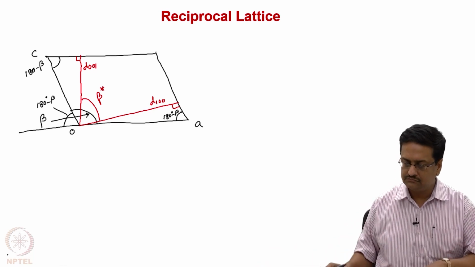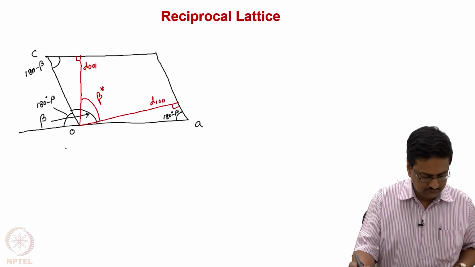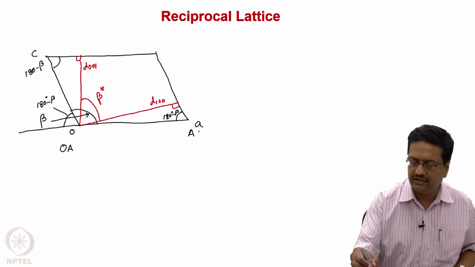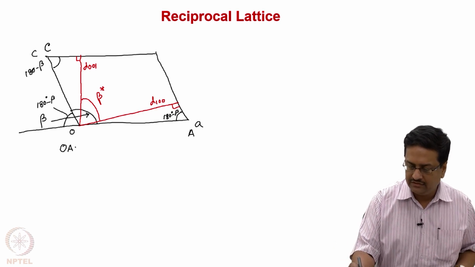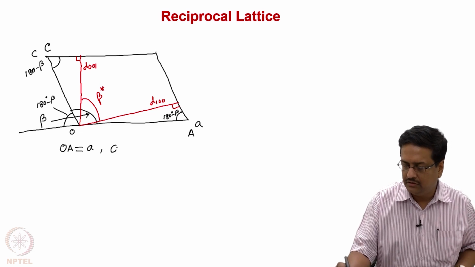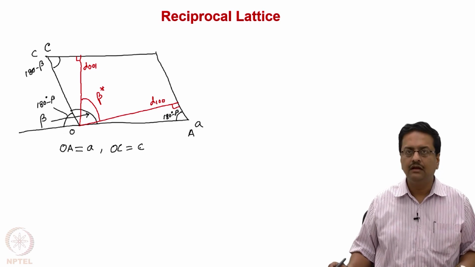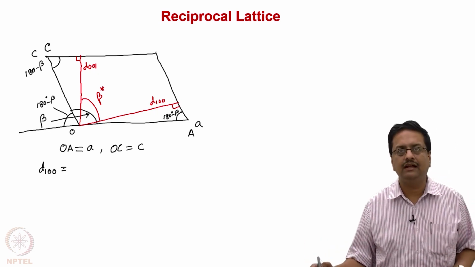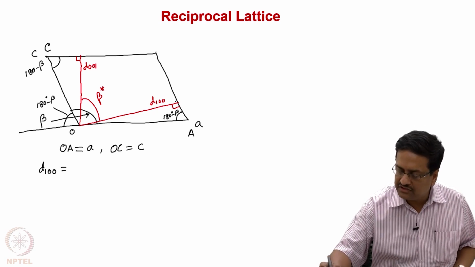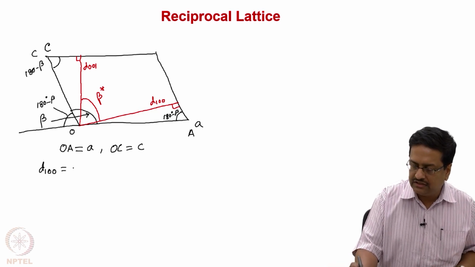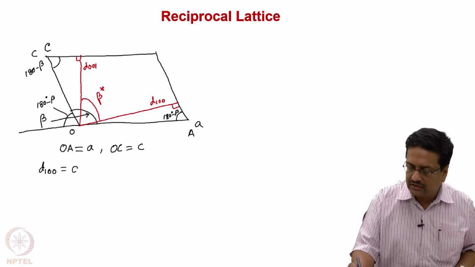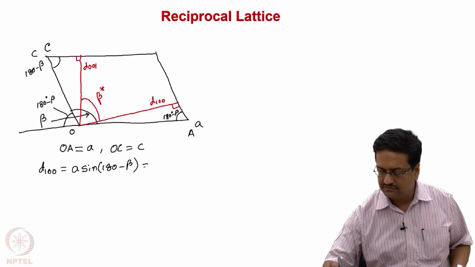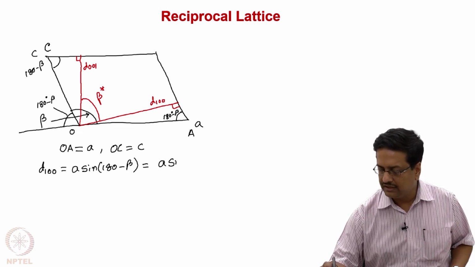So now OA, where I construct that as A and that as C, OA is equal to A and OC is equal to C. Then if we want to write down the value of D100 in terms of A and beta, we consider this particular triangle and then we can write D100 equal to A sine 180 minus beta, which means it is equal to A sine beta.